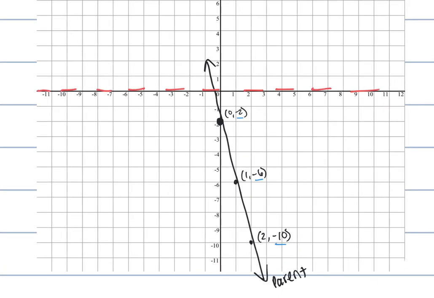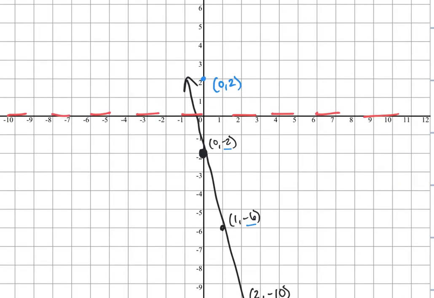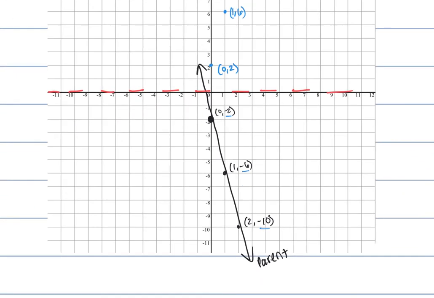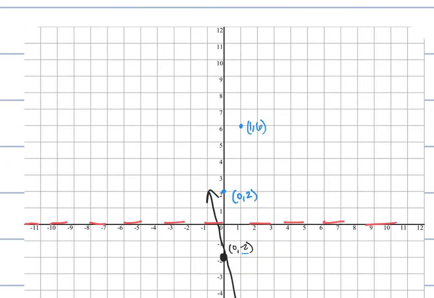So 0, 2 is up here. 1, -6 will become what? Layla, say that a little bit louder. 1, 6. And the last one, 2, -10 will become 2, 10.